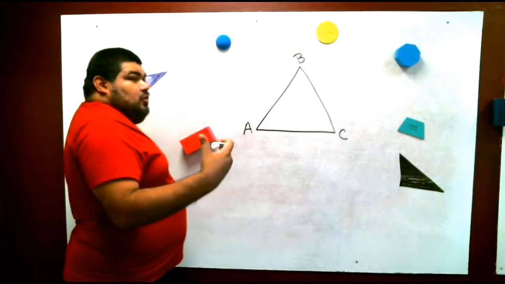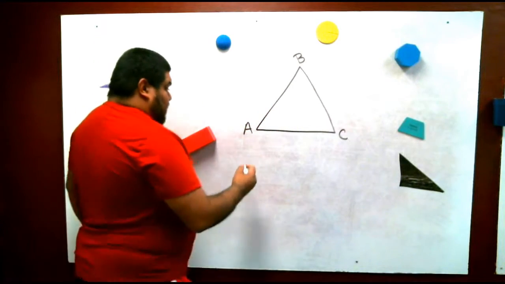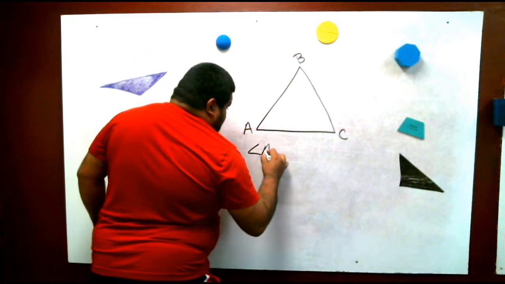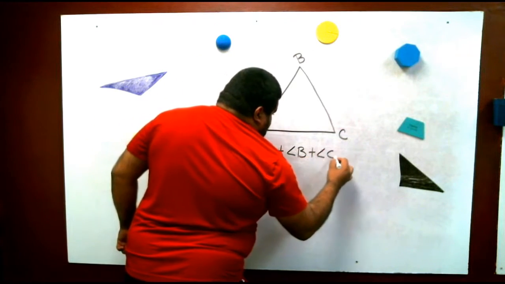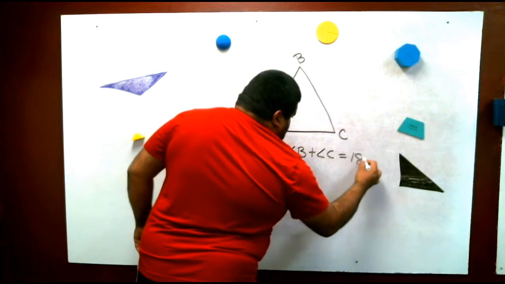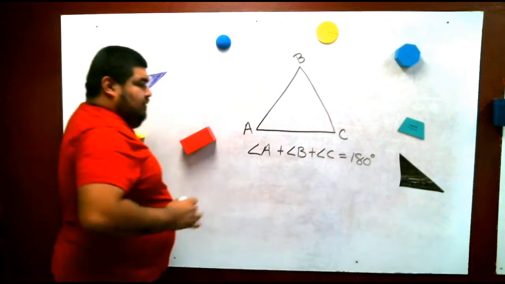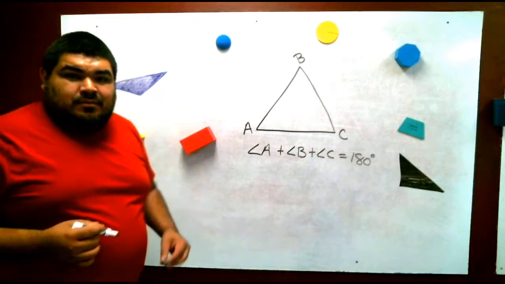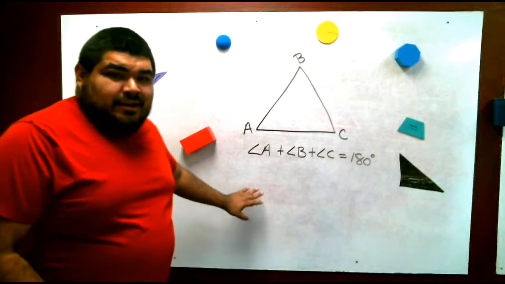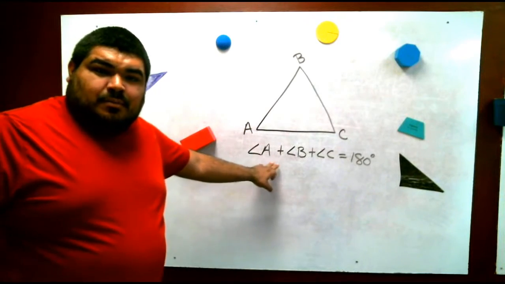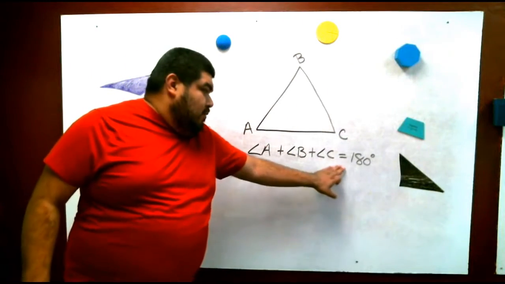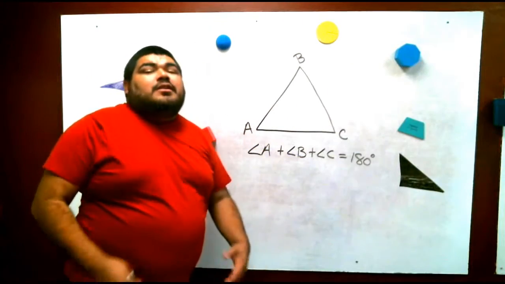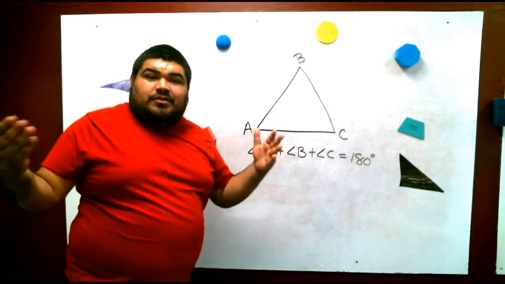The way you set it up is angle A plus angle B plus angle C equals 180 degrees, because that's what a triangle is, 180 degrees.